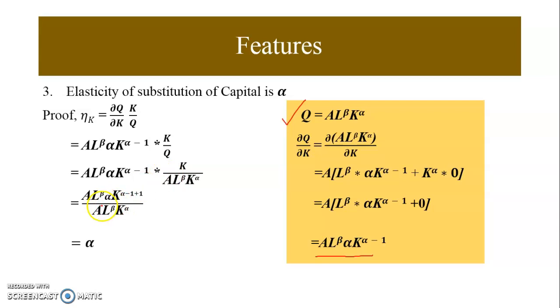When you do this, similarly as in the case of labor, the A and A will get cancelled, then L raised to the power beta will get cancelled, and similarly K raised to the power alpha will get cancelled, and you'll get the value alpha. So the elasticity of substitution of capital is alpha in the case of the Cobb-Douglas production function.